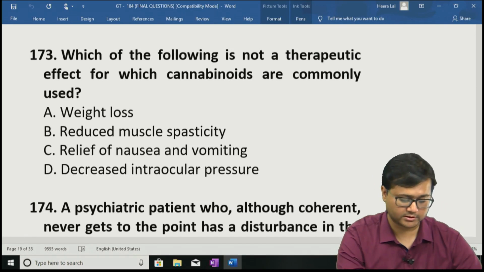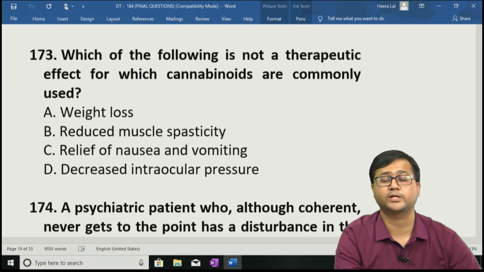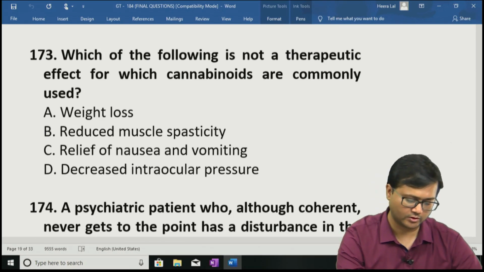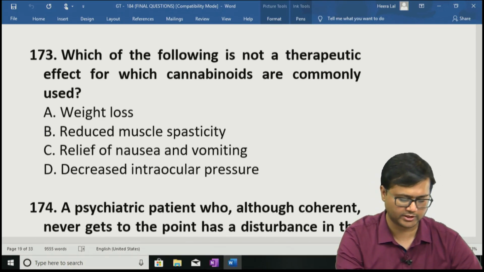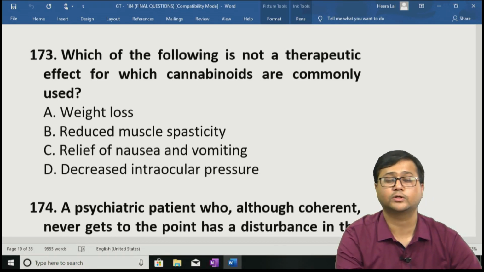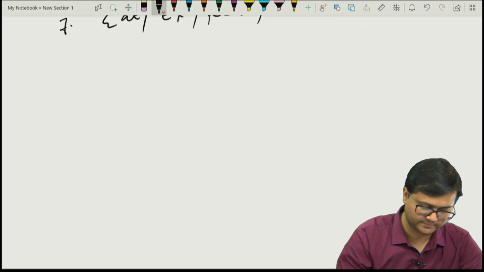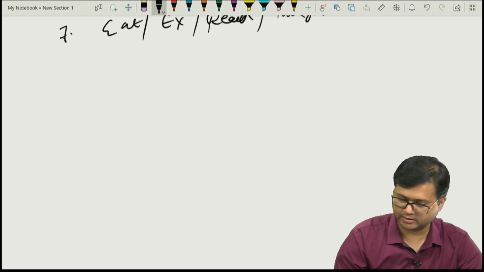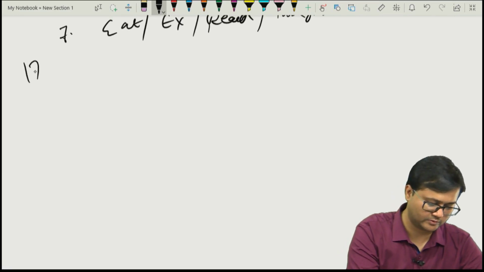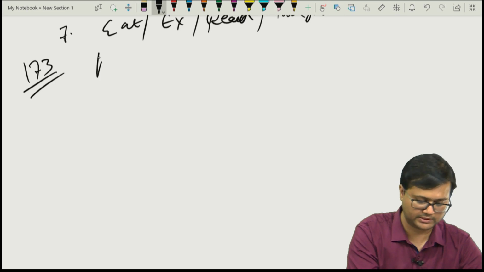So they are asking which of the following is not a therapeutic indication for cannabinoids. Option A, weight loss. Option B, reduced muscle spasticity. Option C, relief of nausea and vomiting. And D, decreased intraocular pressure. So the correct answer of question 173 is A, weight loss.